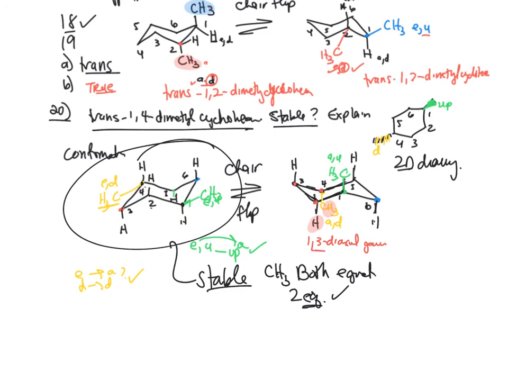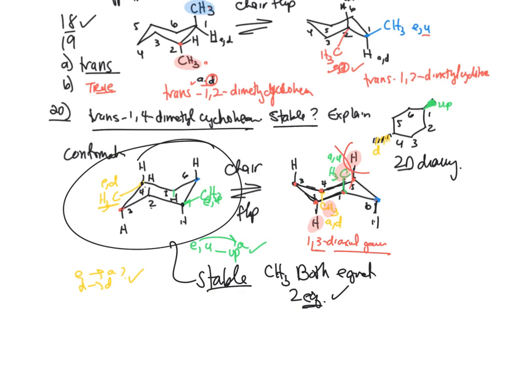So it doesn't matter how you number these, it's just saying that they're 3 away. So here you have another 1,3, 1, 2, 3. You have that 1,3-diaxial gauche interaction, and you don't have that here. You don't have this here. Okay, so that finishes up our models for POGIL 5B.